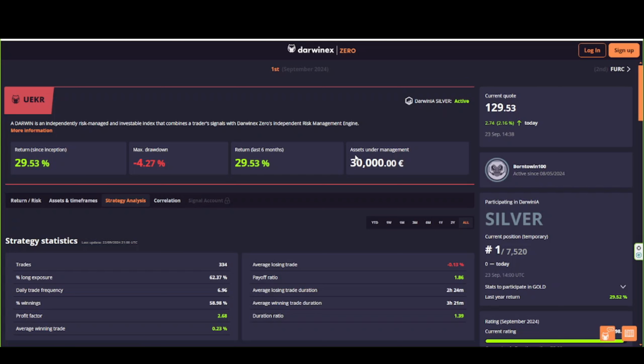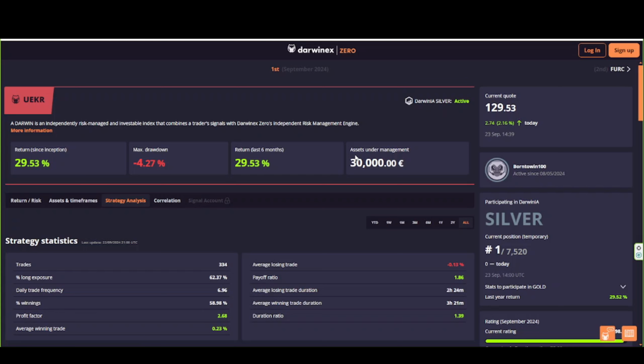And also with this DarwineX, it will allow me to attract investors and also to make additional income with the Darwin IA program. It's also good for me to be able to see my results against others. Again, as I said, you don't want to compare and compete, but it's good to use it to see where you stand. And that's the nice thing about DarwineX, it's not based on luck, it's based on merit.